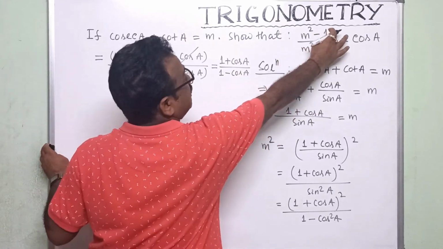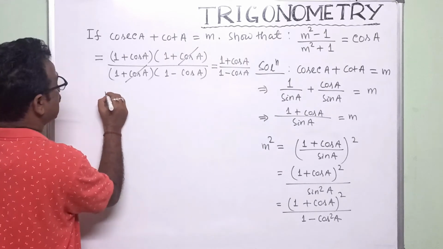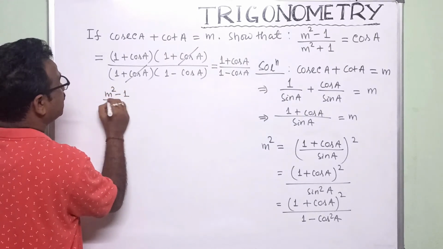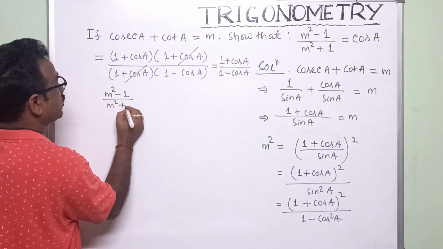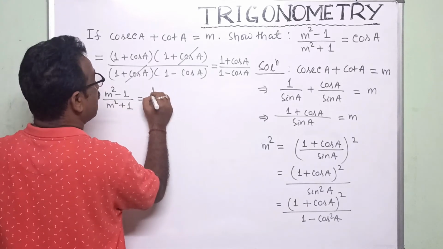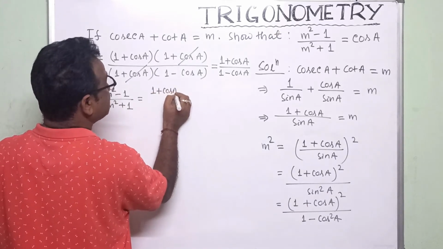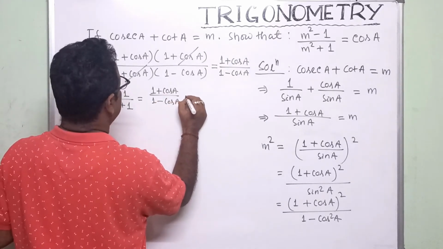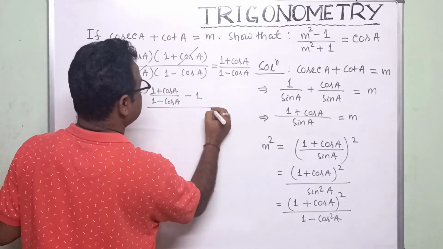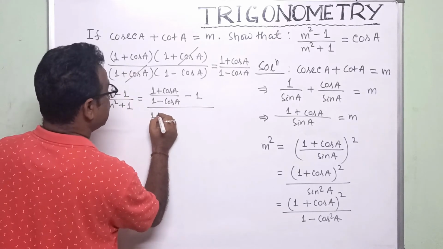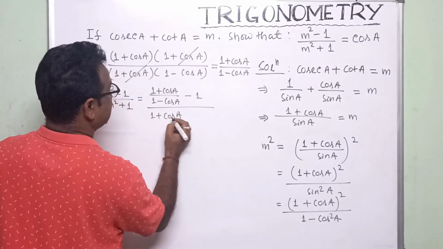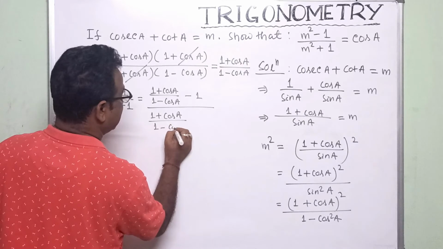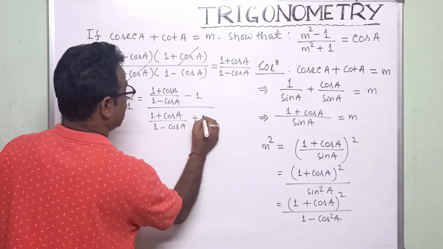We require m square minus 1 by m square plus 1. So m square minus 1 by m square plus 1 is equal to 1 plus cos A by 1 minus cos A, minus 1, divided by 1 plus cos A by 1 minus cos A plus 1.